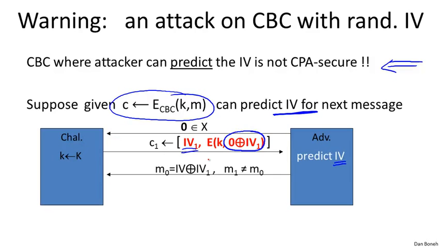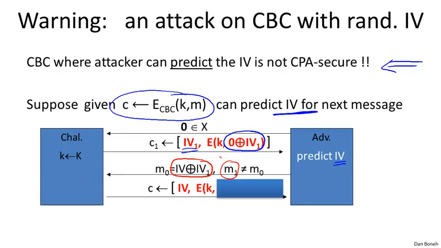Next the adversary issues his semantic security challenge, and the message M0 is going to be the predicted IV XOR IV1, which was used in the encryption of C1. The message M1 is just some other message; it doesn't really matter what it is. Now let's see what happens when the adversary receives the challenge. He gets the encryption of M0 or the encryption of M1. When he receives the encryption of M0, what is the actual plaintext that's encrypted in the ciphertext C?